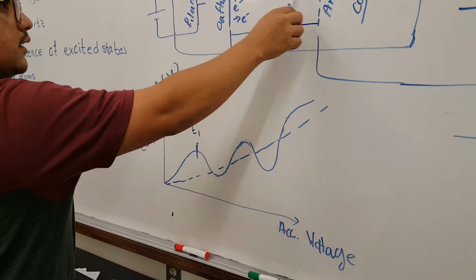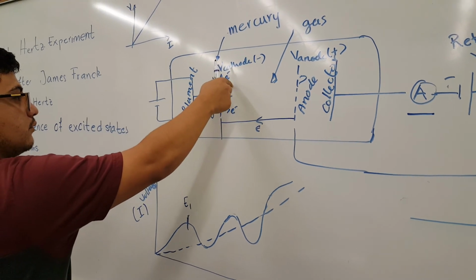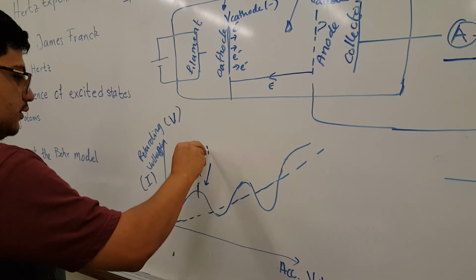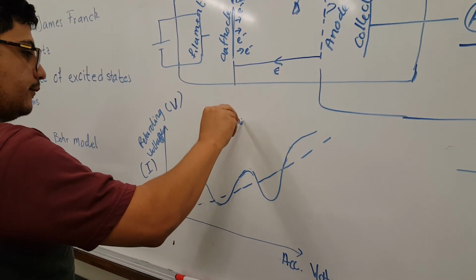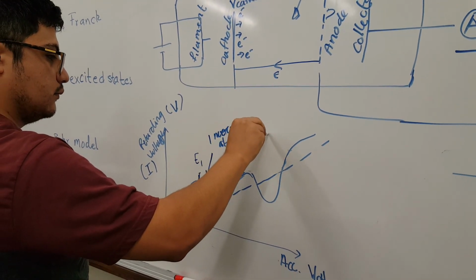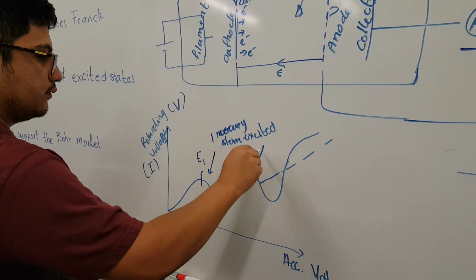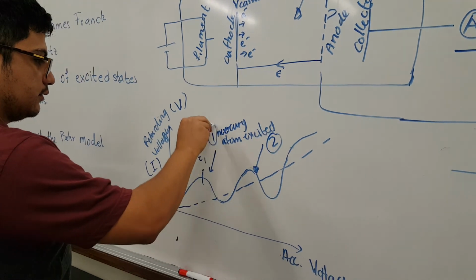But since they're inside the chamber, they basically get reaccelerated, so you can consider this one mercury atom excited. And then here, if they get reaccelerated, this could be two mercury atoms excited.